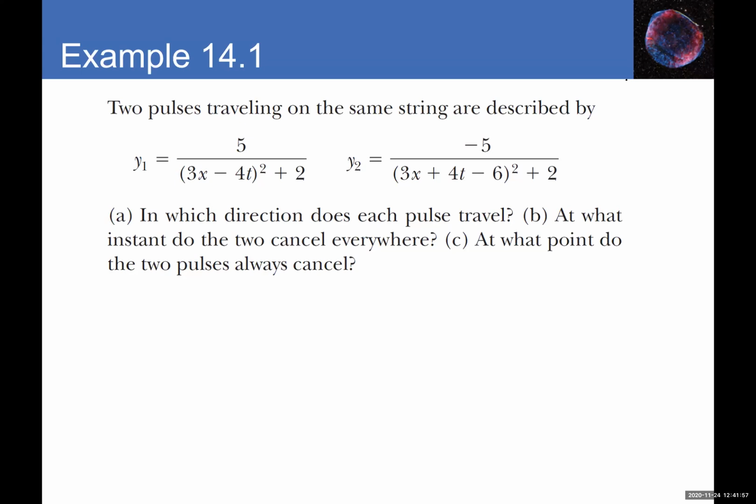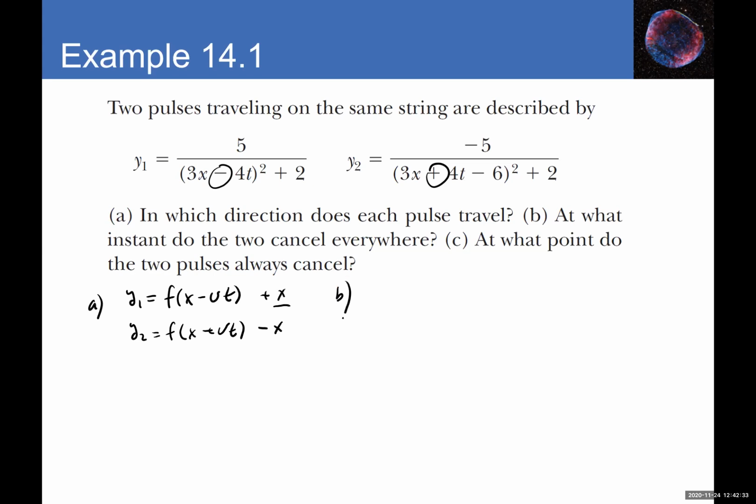In terms of part A, asking about the direction, if you remember, y1 is f of x minus vt, which means that if it's x minus vt in the equation, there's a negative, so they're moving to the right. So it is moving in a positive x direction. y2 is f of x plus vt, which means here we have a plus, so it is moving in a negative x direction. So that's for part A.